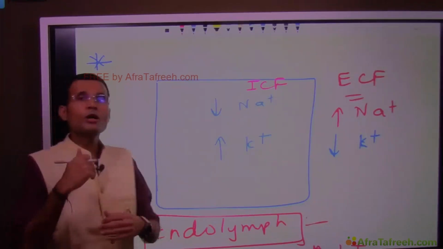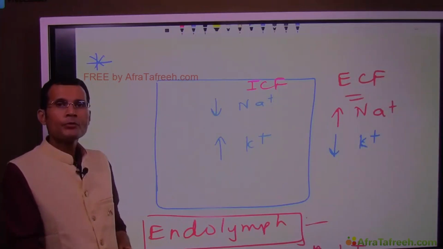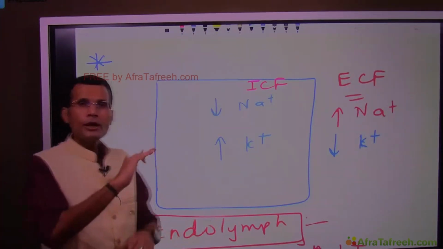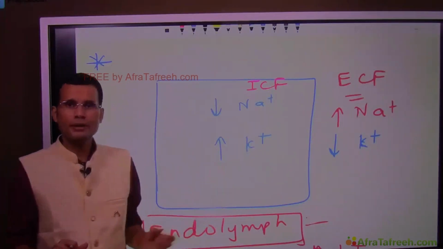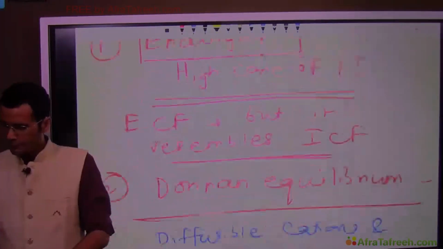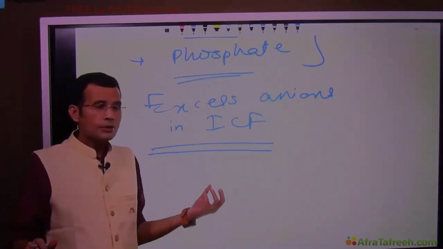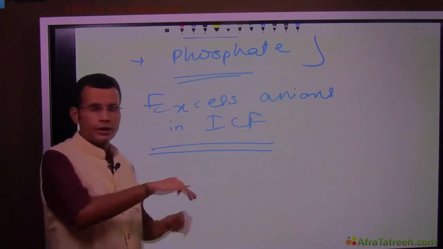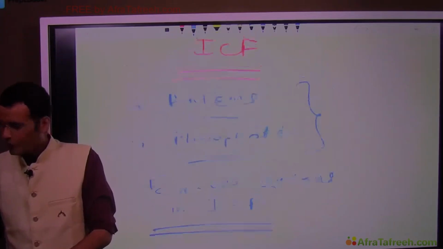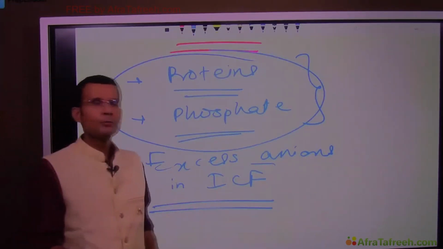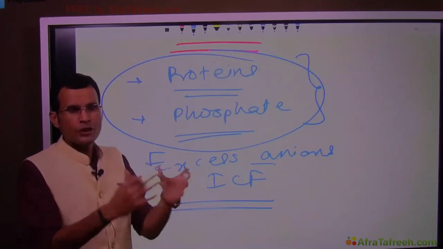Now, to maintain that electroneutrality, the diffusible cations and anions are diffusing through the membrane, so that the number of cations and anions is equal in both compartments. Now the point is, these proteins, these anions which I mentioned just now, cannot diffuse through the membrane. They cannot take part in this process of achieving the equilibrium.